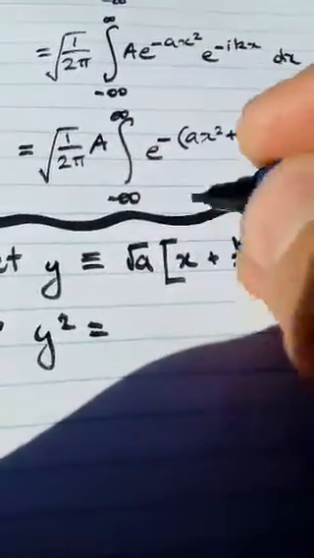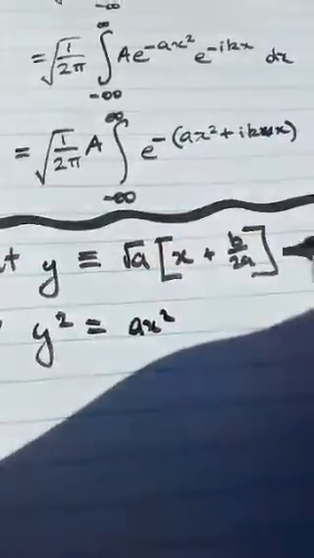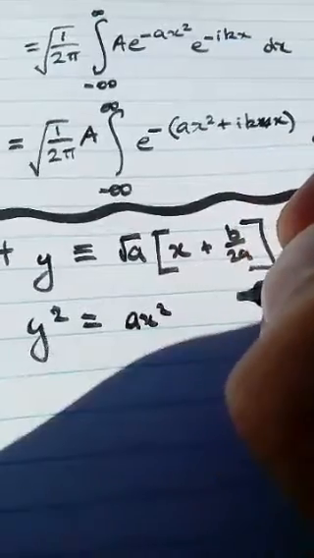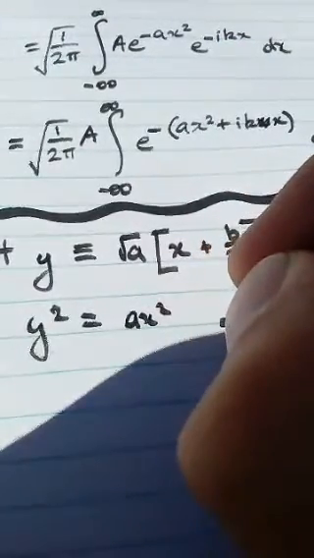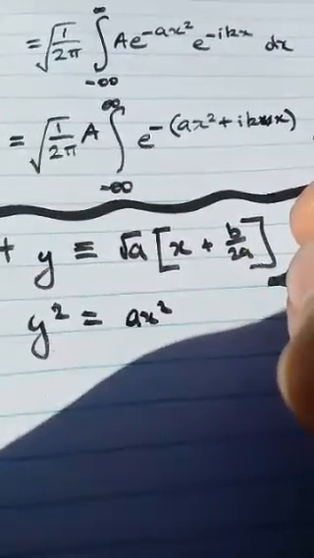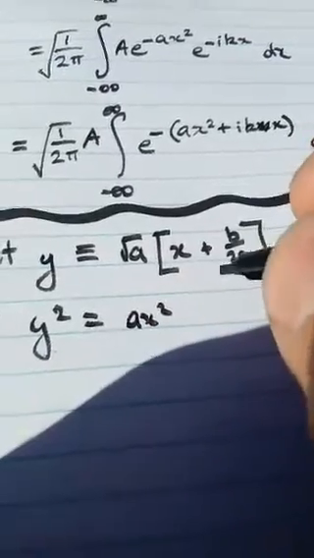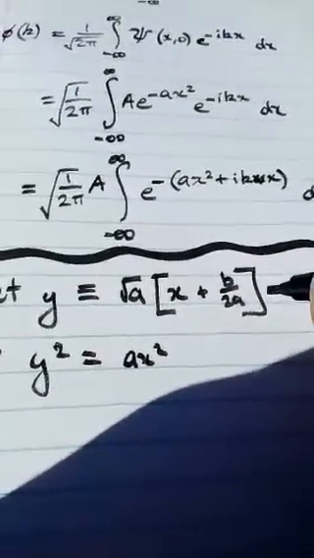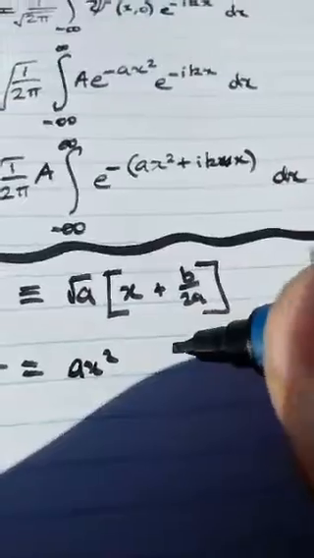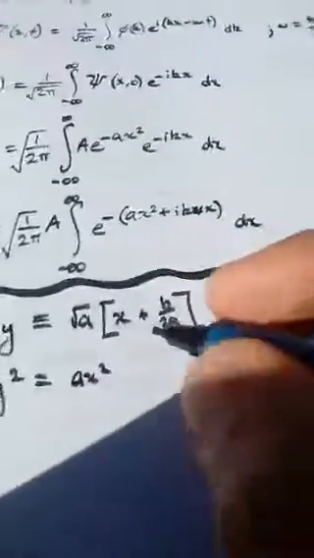equals ax squared plus, what have I done here? I think I've made a mistake somewhere. Let me check my other notes. I think I've done that right.